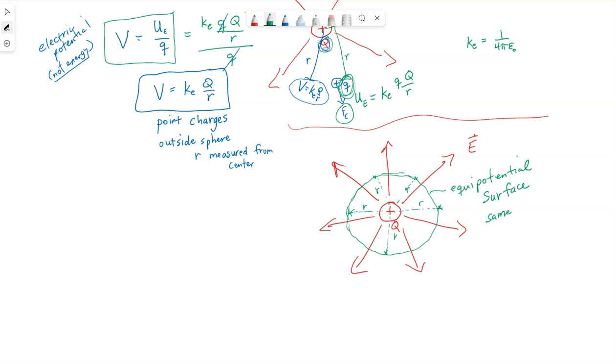Meaning the same potential value. Potential is measured in volts. So sometimes we just say it has the same voltage value.